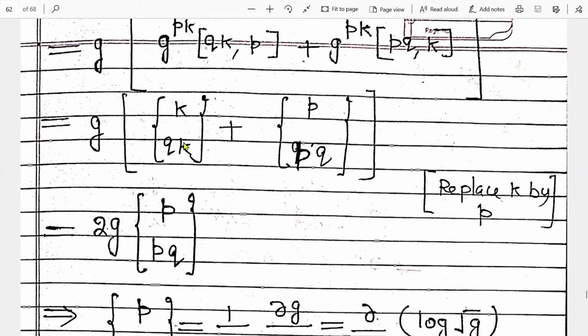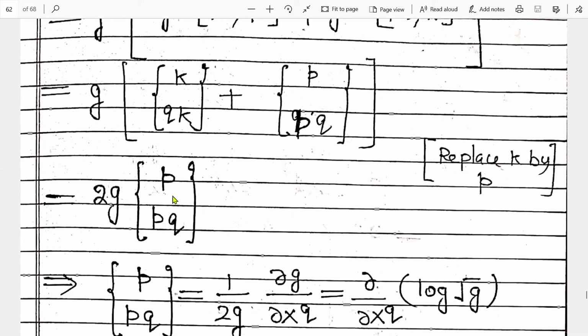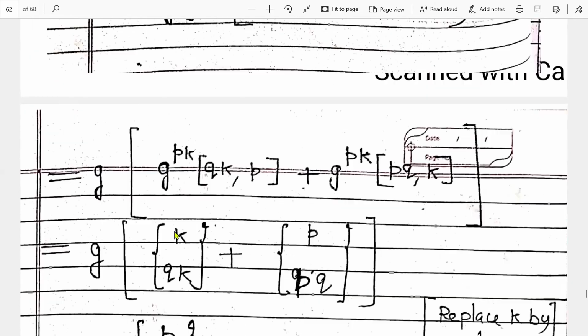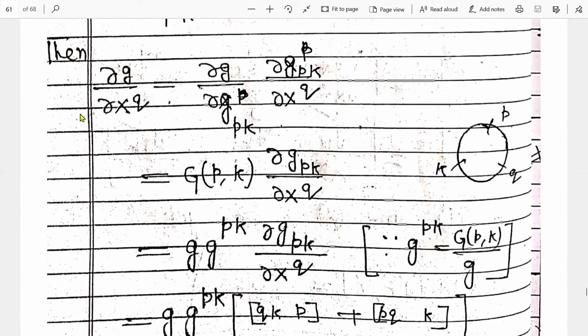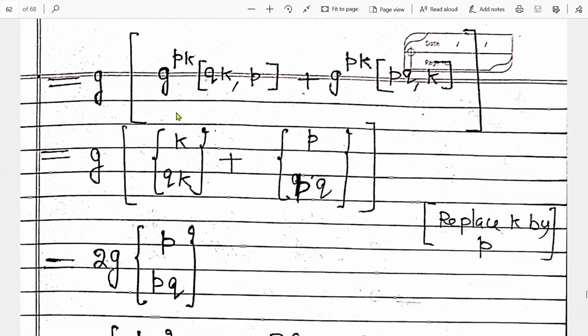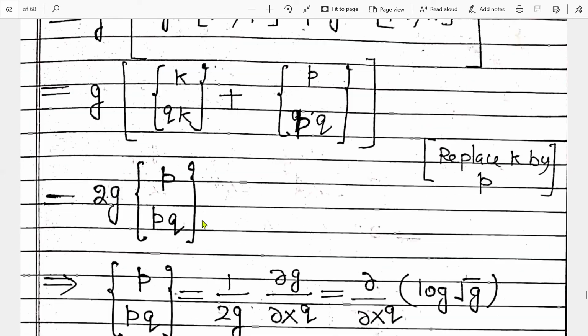So if we replace k with p, this will be {p, pq}, and this is {p, pq}. So this is 2 times {p, pq}. So we get this value. So what was this value? This is the derivative of curly g by curly x_q. This will be converted into this form.